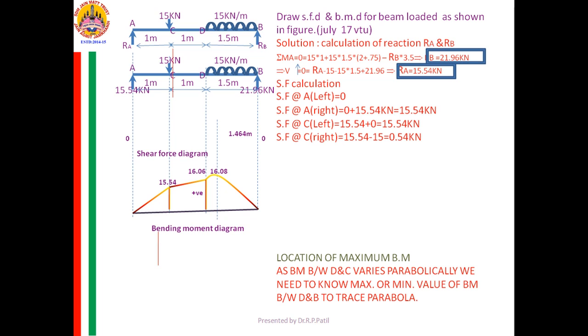Now, SF, I want it at D. I am again following my own procedure. Till right of C, I know the SF. And I want to calculate it at D. What are the additional vertical forces I want to see there? Are there any vertical forces there?